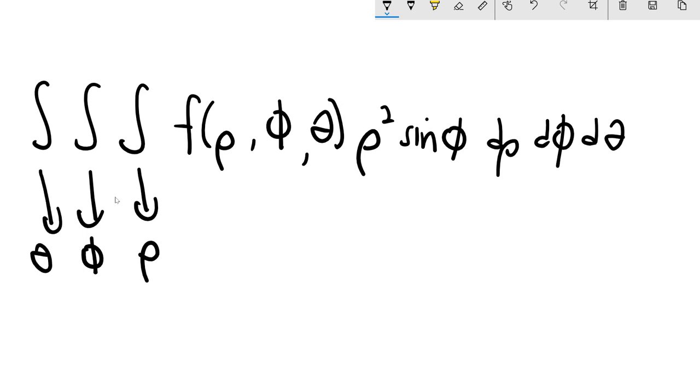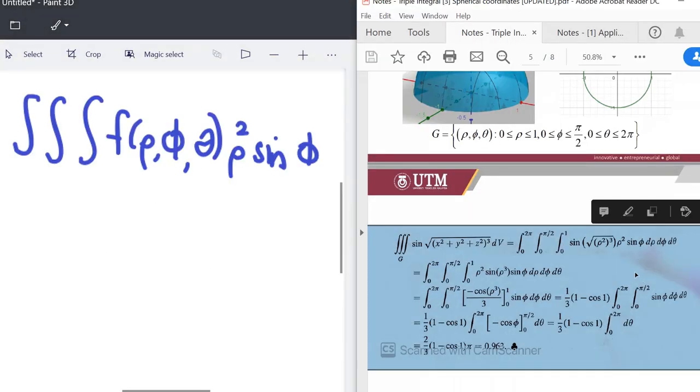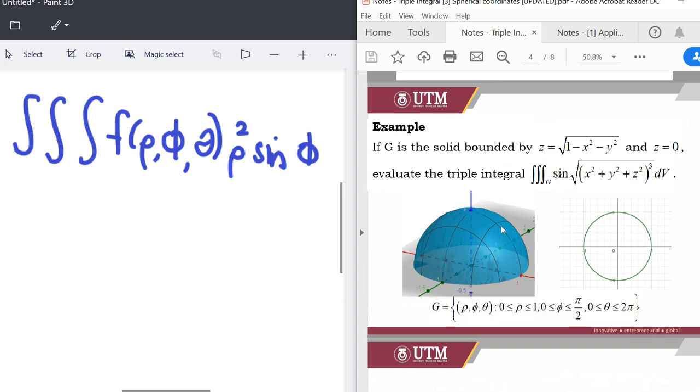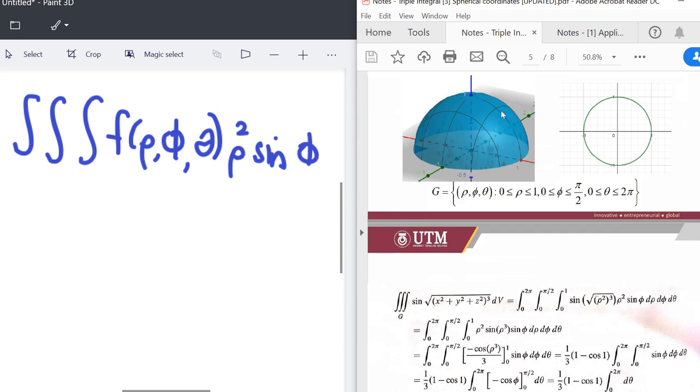From the question, for theta it is 0 up to 2 pi, for phi 0 up to pi over 2 since it's a hemisphere, and for rho 0 up to 1. This one is a square root, so we replace all those things and get this form.